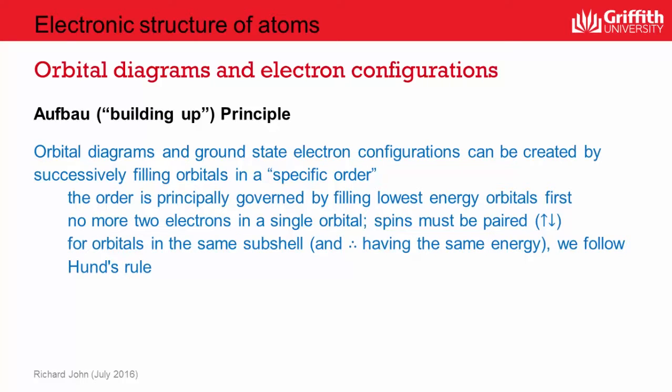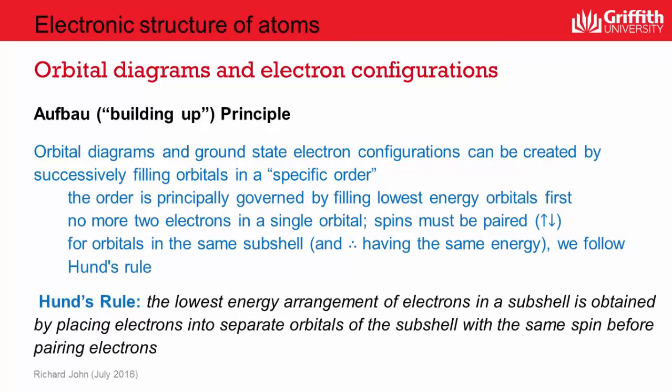And for orbitals in the same subshell and therefore having the same energy, we need to follow Hund's rule. And Hund's rule: the lowest energy arrangement of electrons in a subshell is obtained by placing electrons into separate orbitals of the subshell first with the same spin prior to pairing the electrons within orbitals.